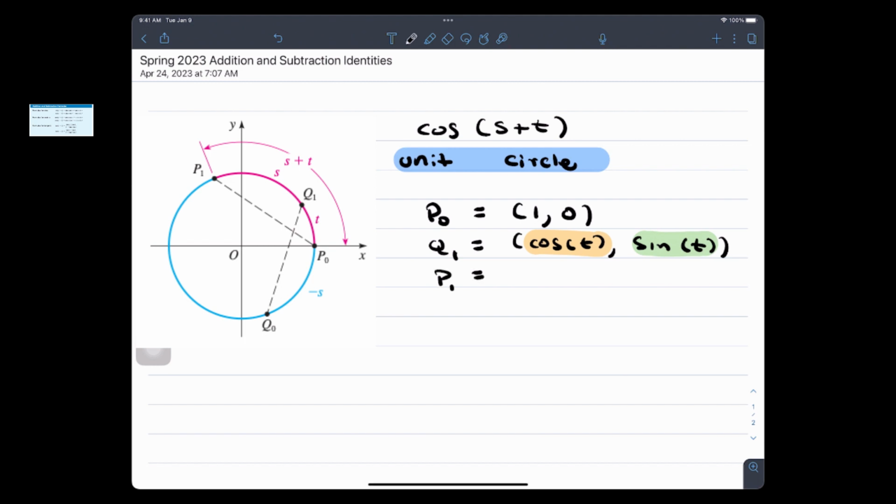That's a little bit more sophisticated. So for P1, we have cosine of s plus t as the x coordinate, and sine of s plus t as the y coordinate.